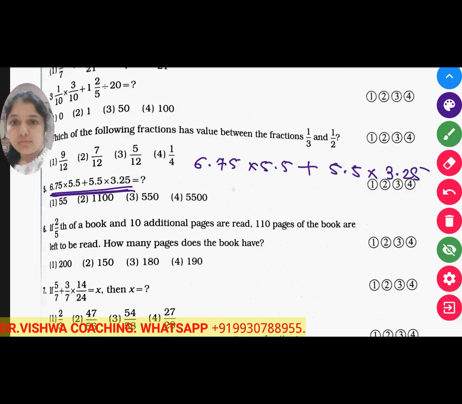Again convert it into 675/100 into 55/10 plus 55/10 and into 325/100, and then multiply this and then solve. Okay, so you will get the answer.